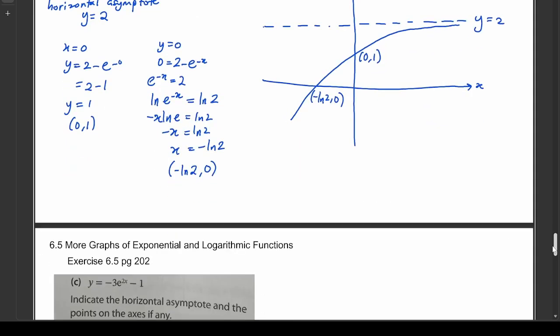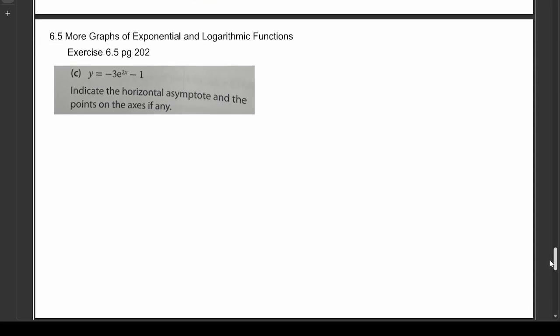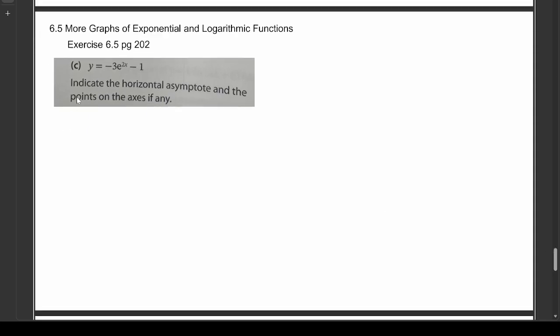Okay, and the last one. Okay, this one, same thing. Have your axis ready. Okay, first calculate the asymptote. This is an exponential graph. You will have a horizontal asymptote.